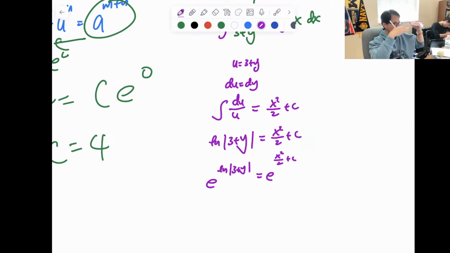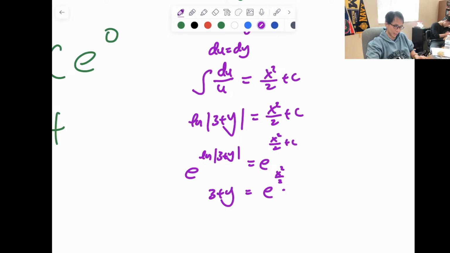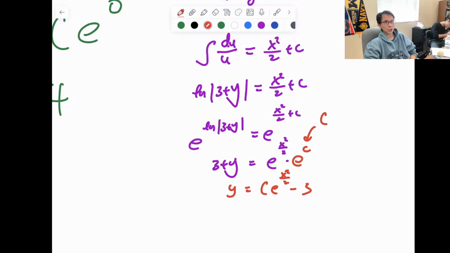You can see that that's an exponent, and that becomes 3 plus y is equal to e to the x squared over 2 times e to the c, which we're going to replace as c. So it's c e to the x squared over 2, minus 3, y equal to minus 3. That's because it's a multiplier, not a constant. So far that's a general solution. That's not a particular solution.